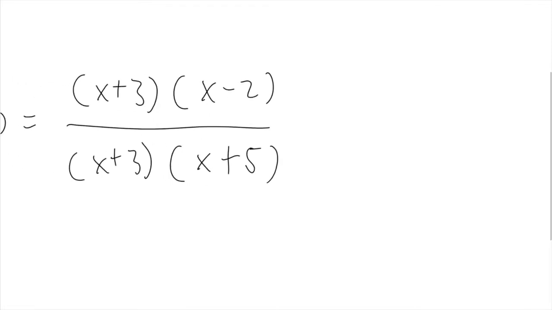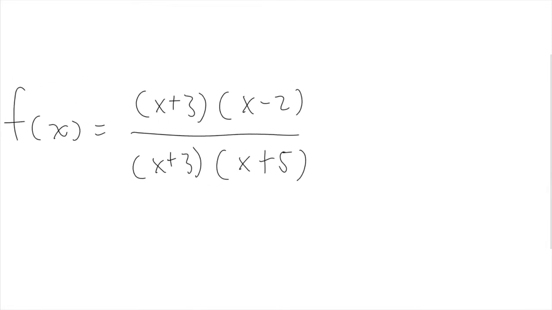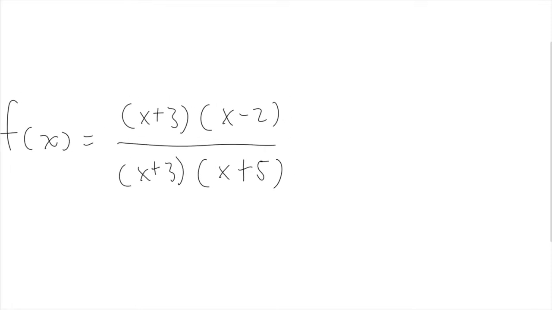So for this example, I have it in factored form. And now let's go over what each expression means. There are 3 things you can find when given a rational function: vertical asymptote, zeros, holes, and then horizontal asymptotes, which I've gone over in previous videos, but I'll review really quickly here.